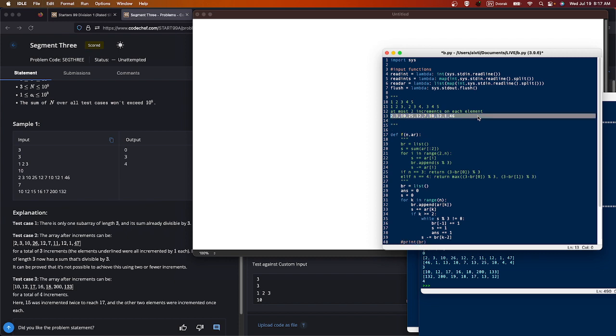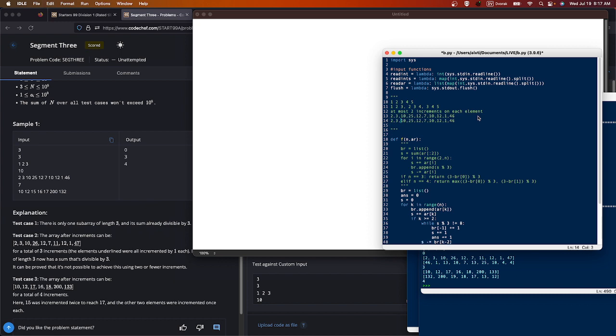For 6, our end setup becomes +1 here, +1 here, and +1 here.